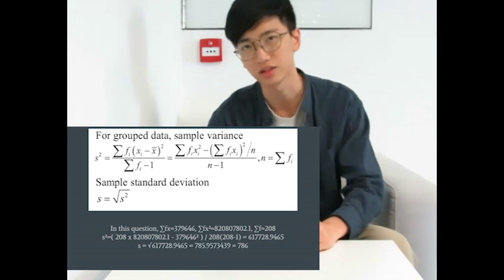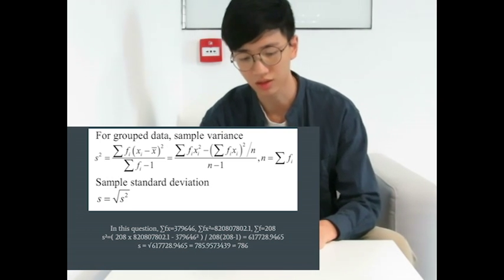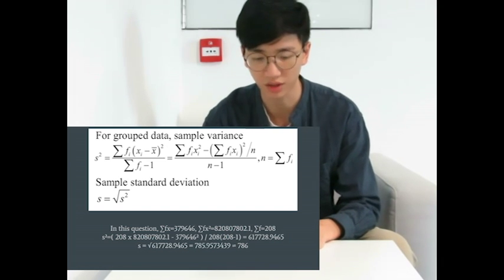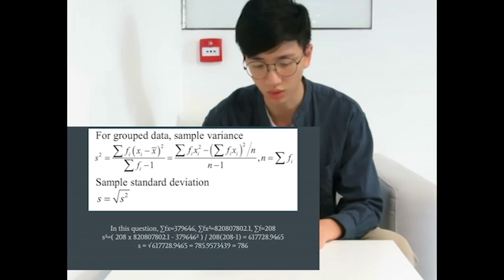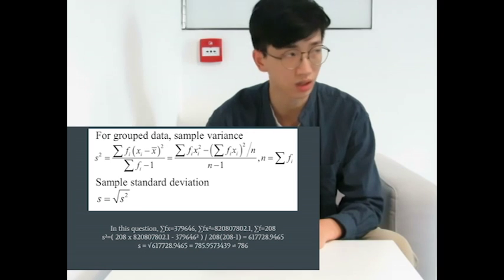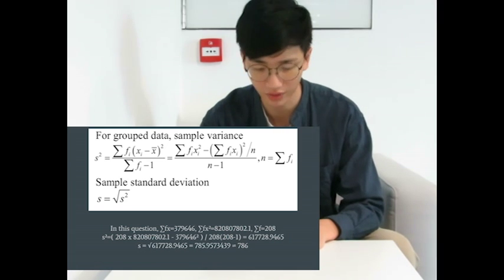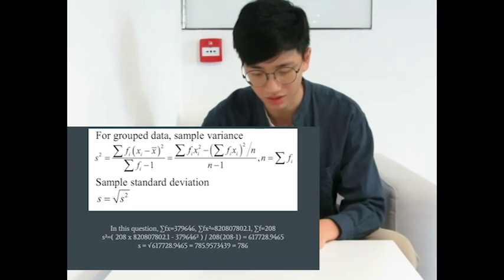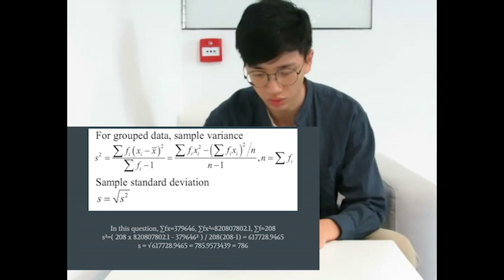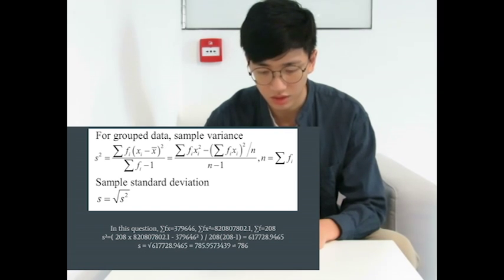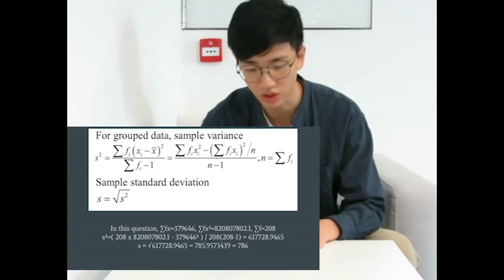And now you can see the sample variance formula, and we can get the standard deviation depending on the sample variance. In this question, because it is grouped data, sigma fx is 379,646, and sigma fx square is 820,8078,02.1, and sigma f is 208.